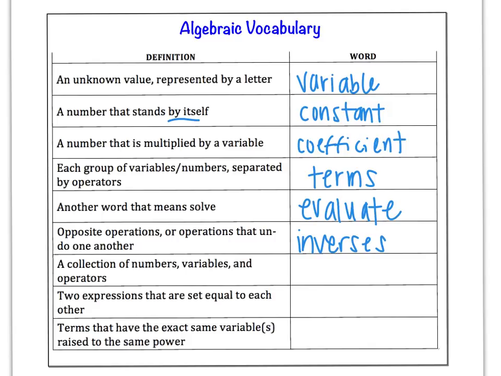A collection of numbers, variables, and operators, otherwise a collection of terms, we call an expression. So like we just talked about on the previous page, an expression can't be solved, it doesn't have an equal sign, but we can simplify it. If we take two expressions and set them equal to each other, it becomes an equation.